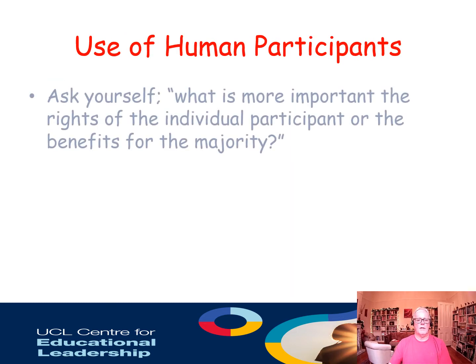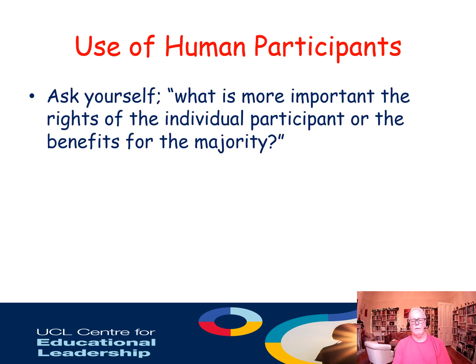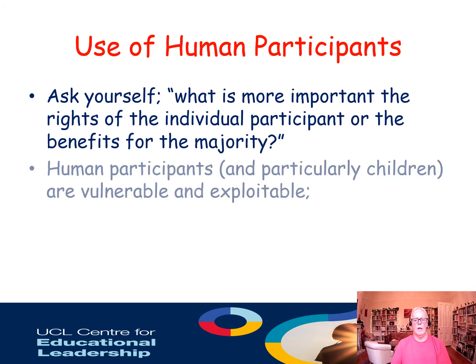Now, most of the ethics principles revolve around the rights of the individual as opposed to the benefits of the majority, and so we work hard to protect the interests of people you are wanting to work with. So human participants, and particularly children, are vulnerable and exploitable. So we need to make sure that you are looking after them.